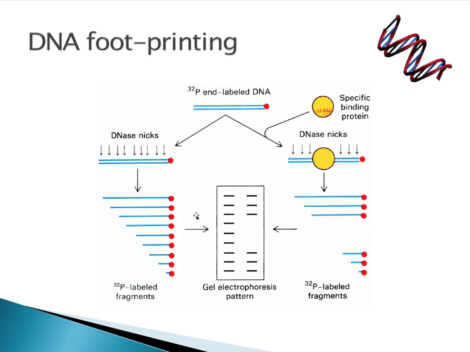So if you have a control, you can know exactly which fragment is missing, and you know where your protein binds to your DNA. It's very important for any kind of promoter studies, transcription factor analysis, where factors bind to your DNA fragment.